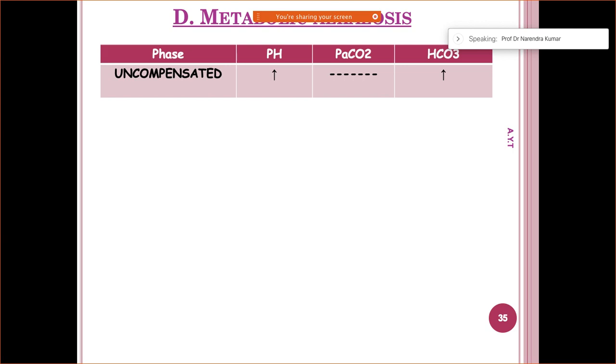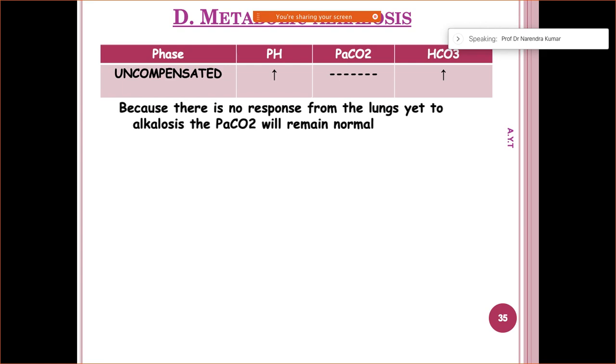So the fourth stage is metabolic alkalosis. Metabolic alkalosis is in the uncompensated stage. Anyone would like to take a chance to explain this? Any of the students? So what is happening over here?